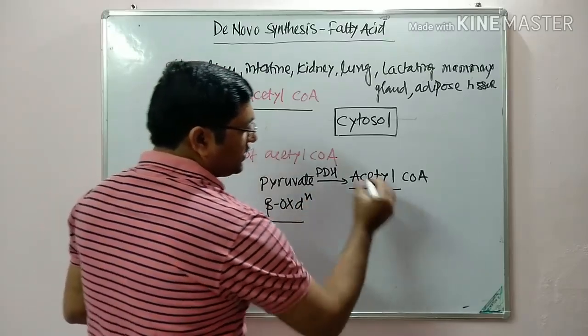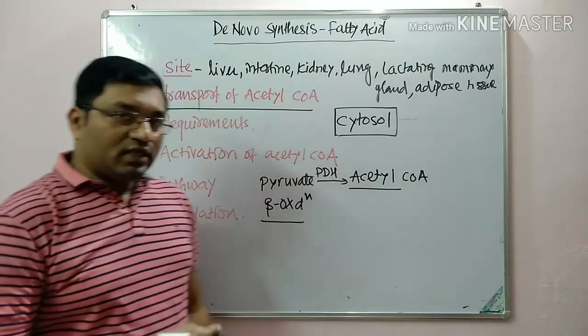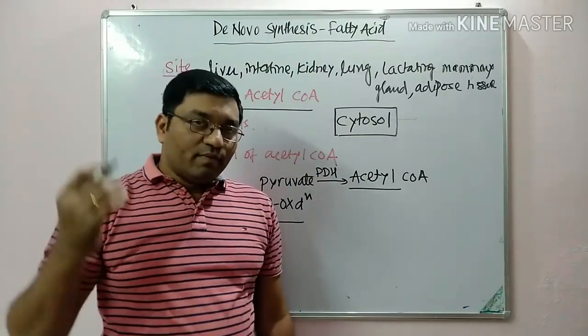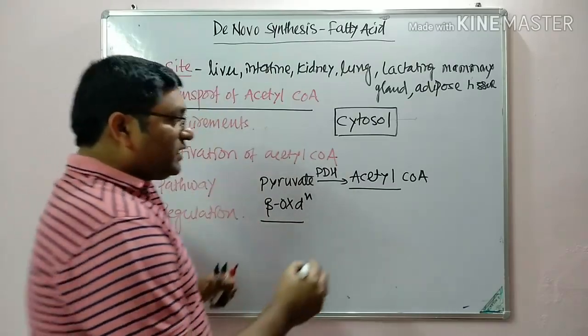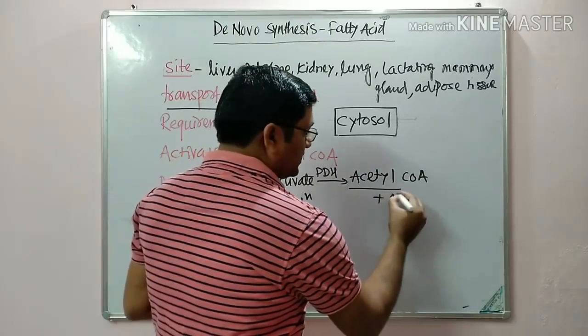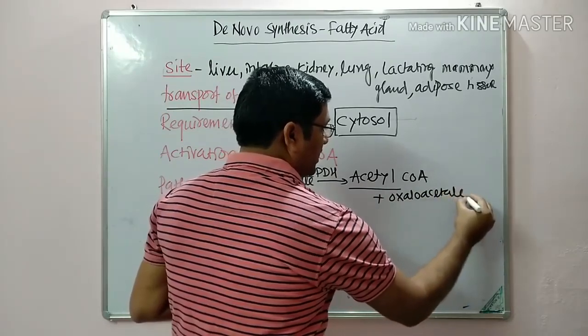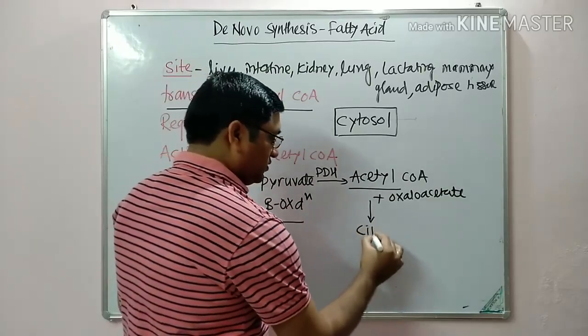So it is present in the mitochondria, and this acetyl coenzyme A is not able to cross the mitochondrial membrane, so it combines with oxaloacetate in the mitochondria and gets converted into citrate.